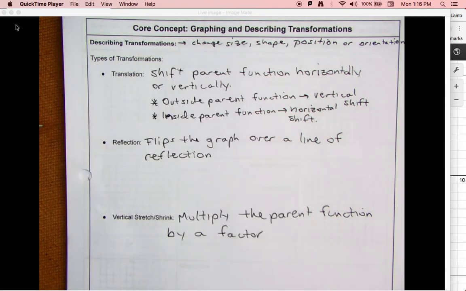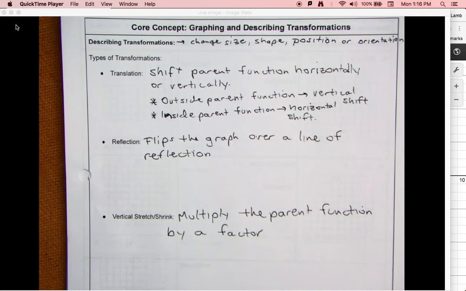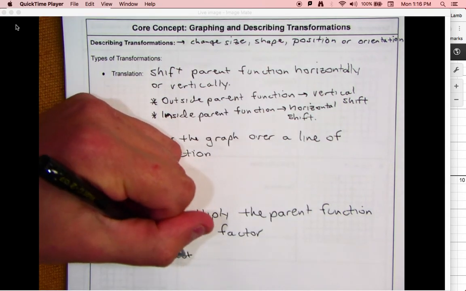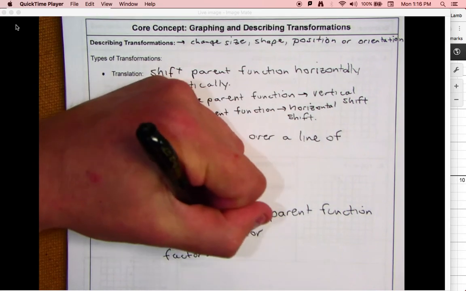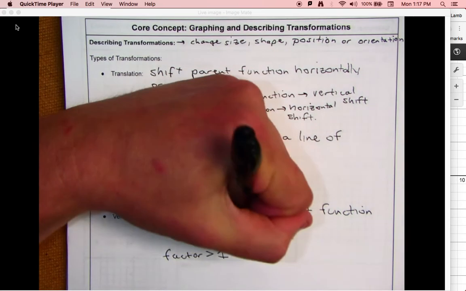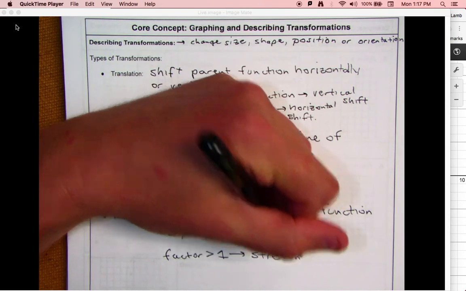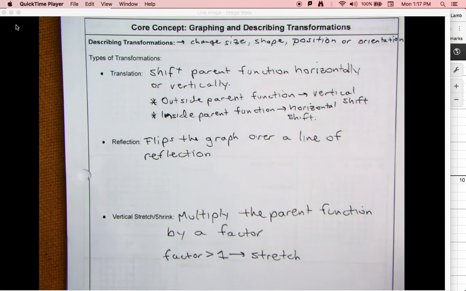Now, if your factor is greater than 1, what's going to happen is you're going to stretch it. You're going to grab the top and bottom of the paper and pull, and when you stretch something out, it's going to look longer, and it's also going to look narrower.